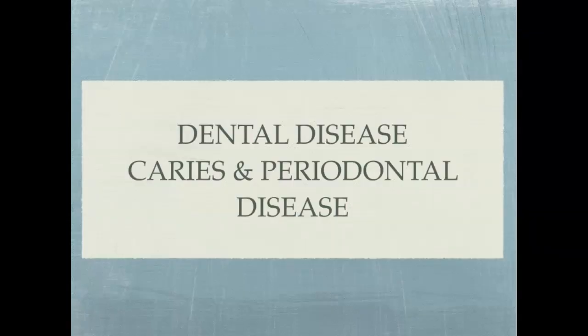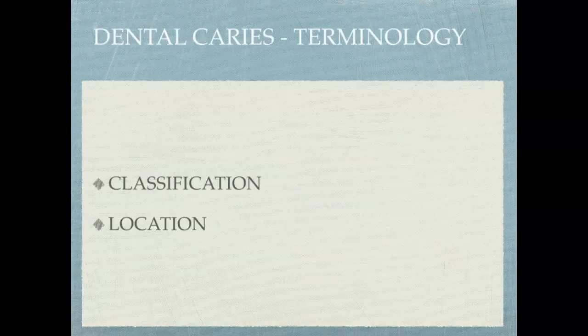Now let's look at interpreting dental disease, caries, and periodontal disease. I am going to repeat that in most states, dental assistants do not diagnose, but it's very helpful for us to have the knowledge of recognizing or interpreting dental disease on radiographs.